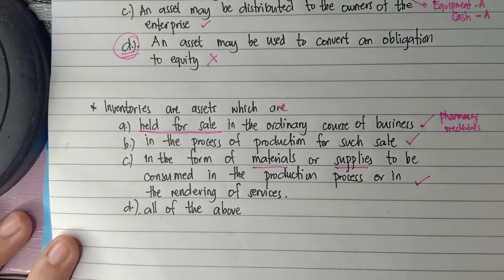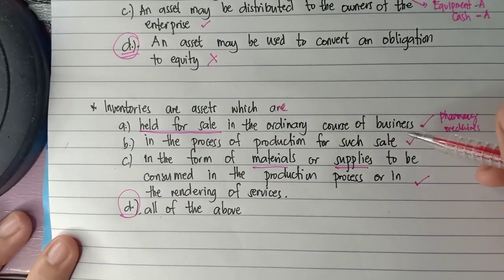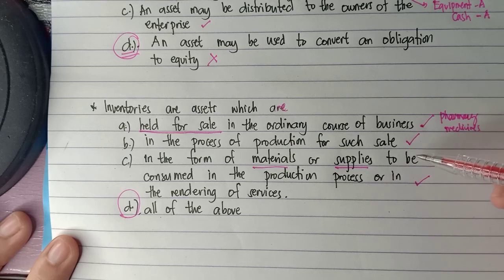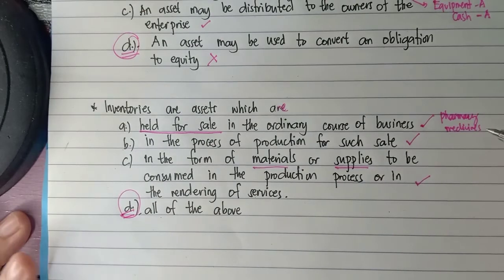Yes, also. Therefore, inventories are the three: held for sale in the ordinary course of business, in the process of production for such sale, and in the form of materials or supplies to be consumed in the production process or in the rendering of services. The correct answer is letter D, all of the above.